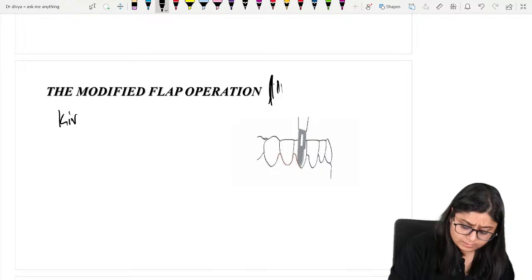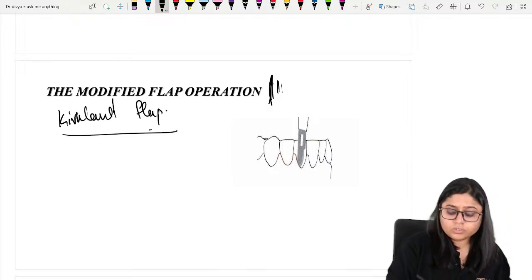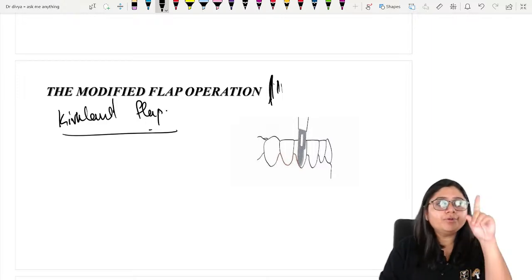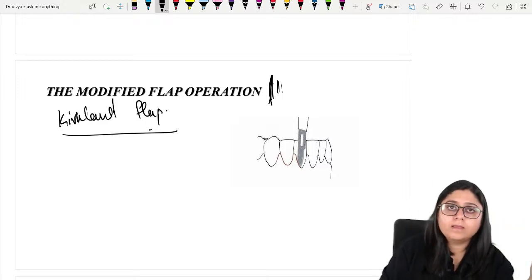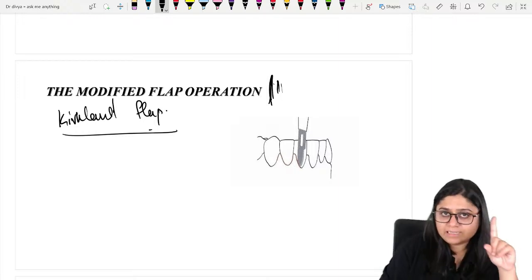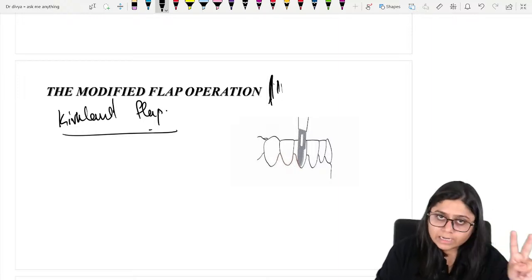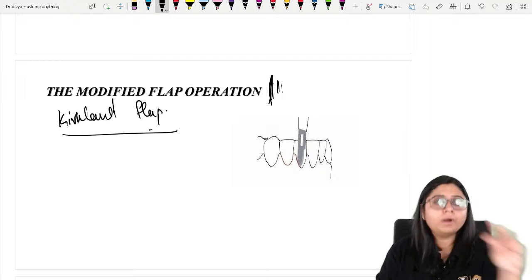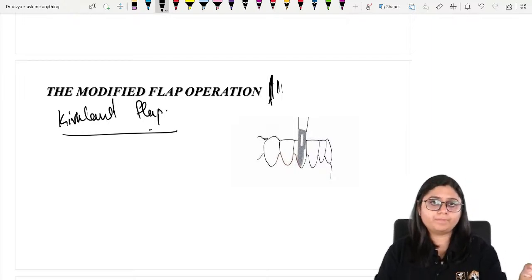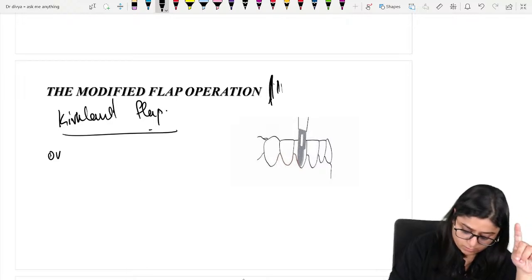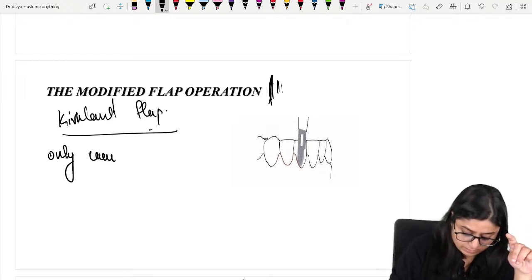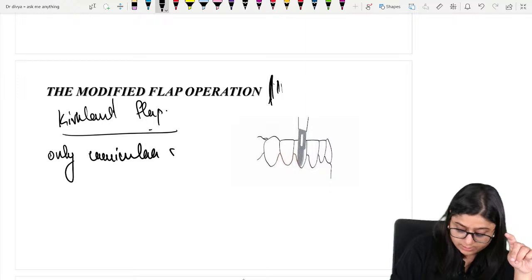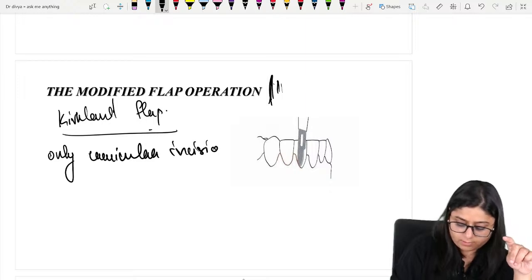The Kirkland flap. Okay, so in this Kirkland flap, you need to remember only one thing. No internal bevel incision was given, no interdental incision was given, and no vertical incision was given. Right? Only the crevicular incision was given.